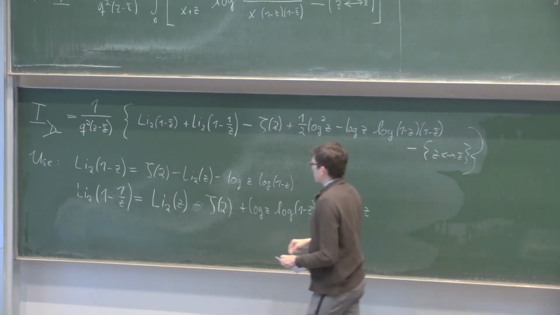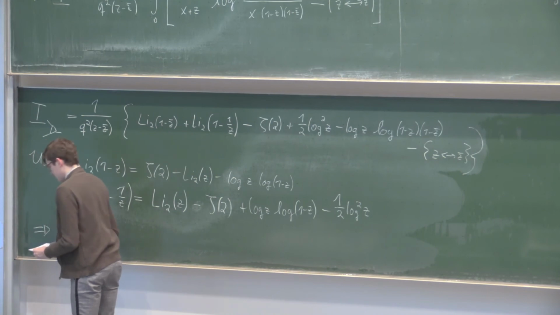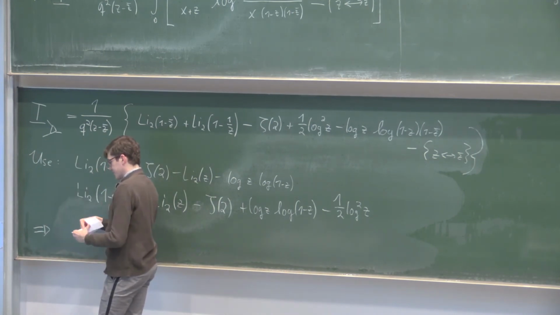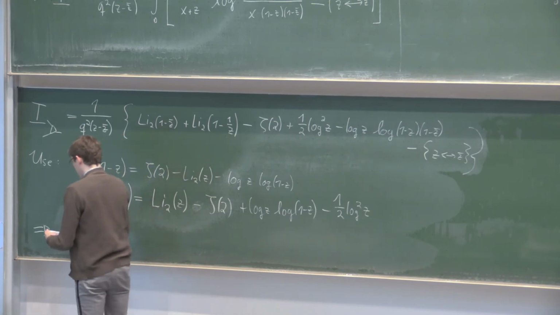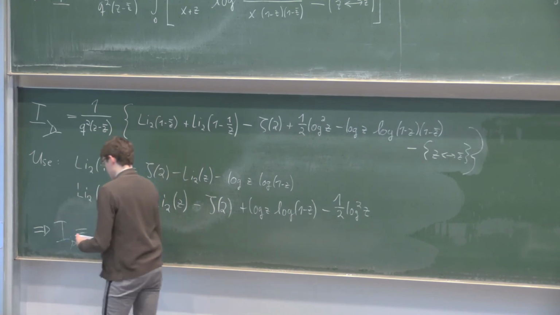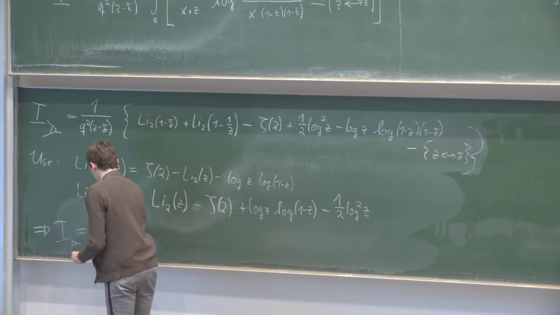And now, after the dust settles, this is again a little calculation you should do if you want to check you understand this kind of computation. You finally get that this integral, the triangle, is, so there's a little factor of 2, which you can pull out afterwards, q squared times 1 over z minus z bar.